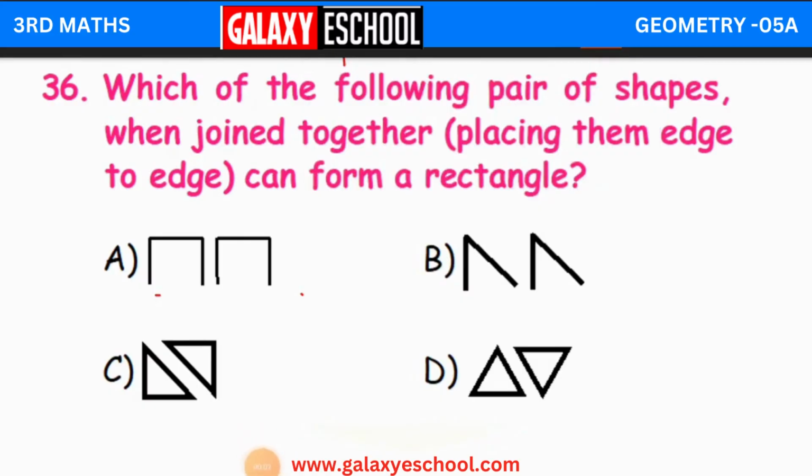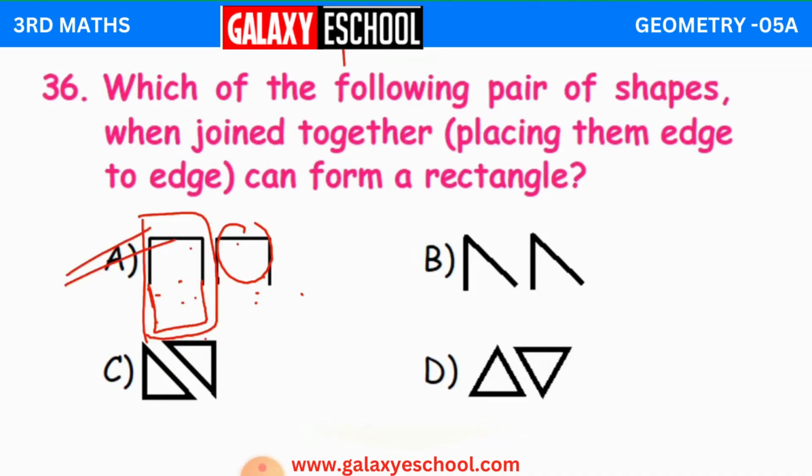If we look at option A, children, if we join these two figures together, I am joining this one here as well. Upon joining these pair of figures, we get a rectangle. The resultant figure is a rectangle. So option A becomes our correct answer. I hope this is clear.